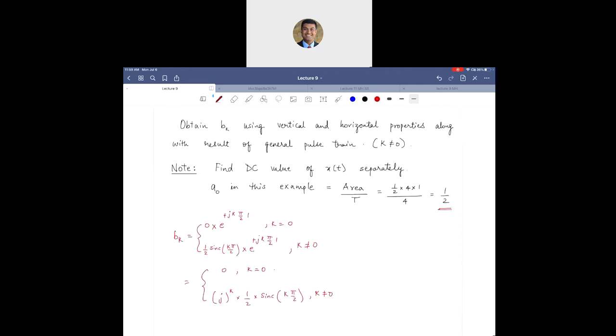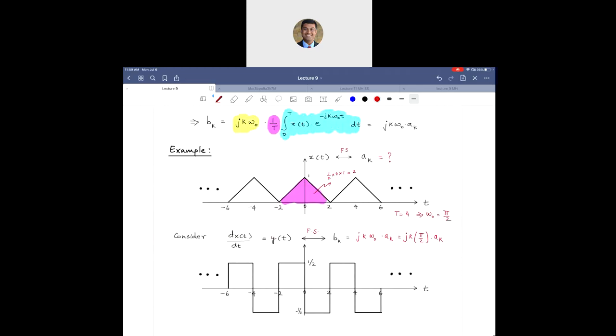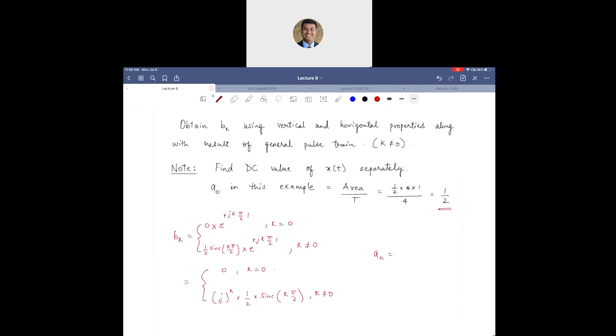Once you have bk, how do you find ak? You take bk and divide it by jk omega naught, jk pi over 2. So 0 remains 0. Let's see. For 0, what are you going to have? You're going to have 0. Right.